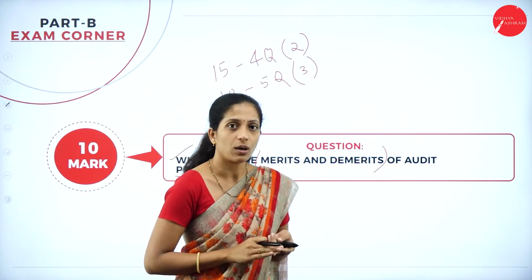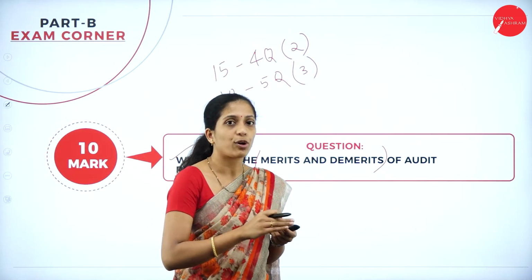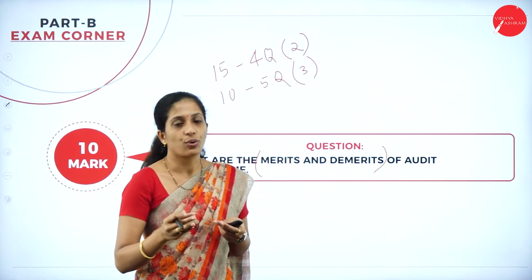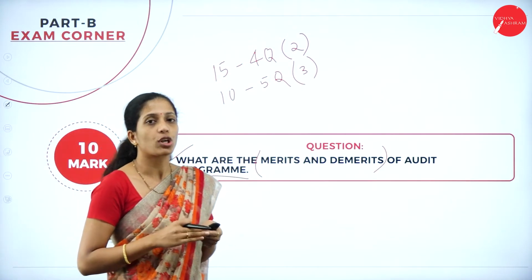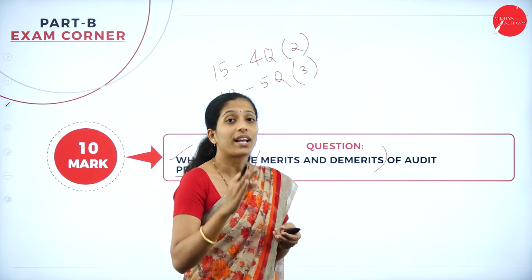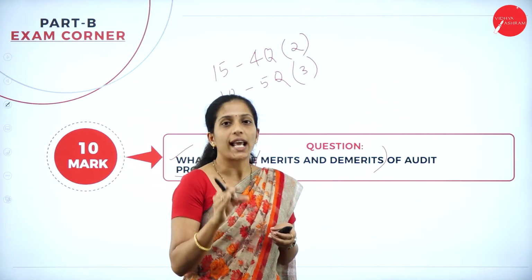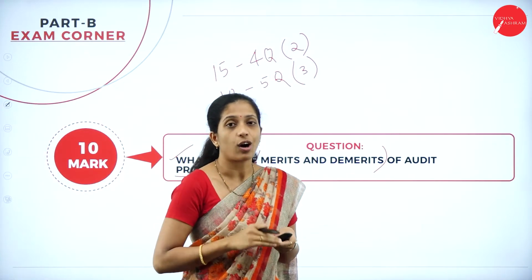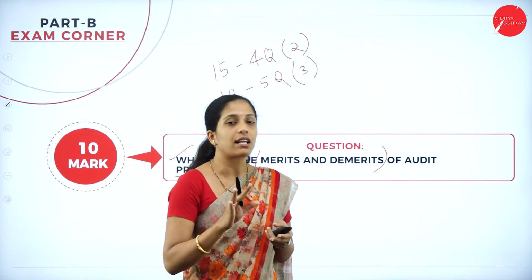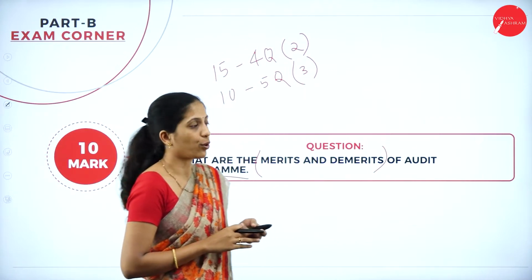In the audit program, it contains who has to do the work, how the proper division of work has to be done, when it has to be done, and what is the time duration of audit work. So each and everything. Before conducting the audit, a program will be set up, which is known as audit program.